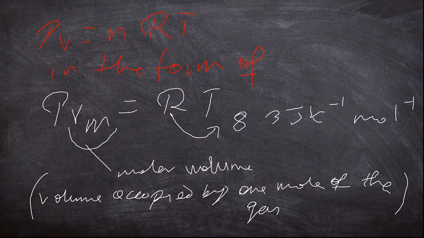Sometimes you need to calculate the molar volume. To do it, just use pVm equals RT, derived from PV equals nRT. Don't get confused.